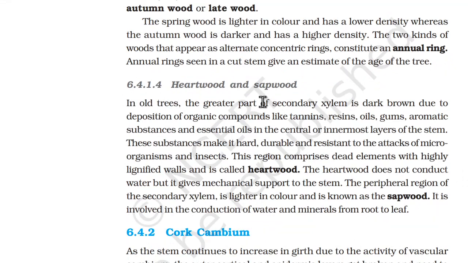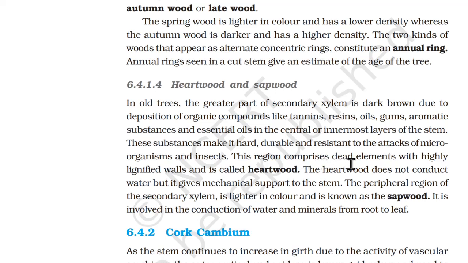6.4.1.4 Heartwood and sapwood. In old trees, the greater part of secondary xylem is dark brown, due to deposition of organic compounds like tannins, resins, oils, gums, aromatic substances, and essential oils in the central or innermost layer of the stem. These substances make it hard, durable, and resistant to the attacks of microorganisms and insects.